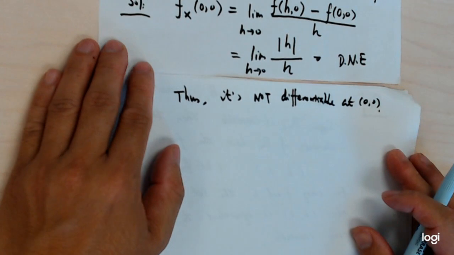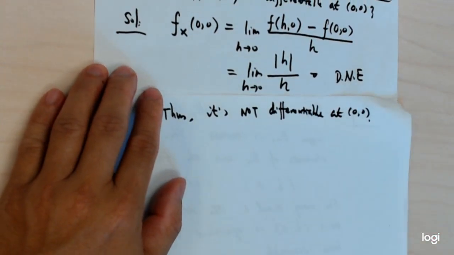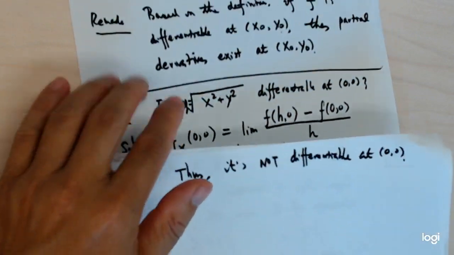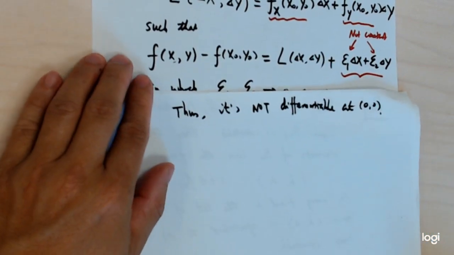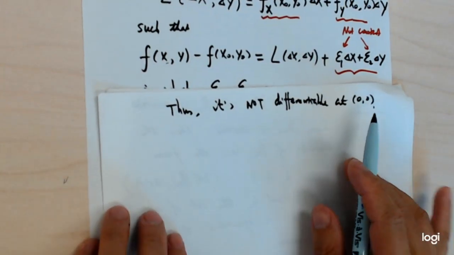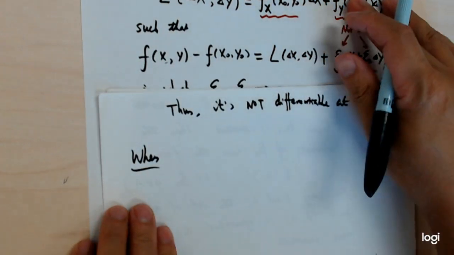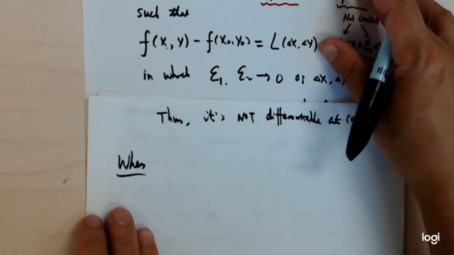So obviously, the key issue here is, what if the partial derivatives both exist? Is that enough to say the function is differentiable? As we pointed out using this definition here, that's not always the case.